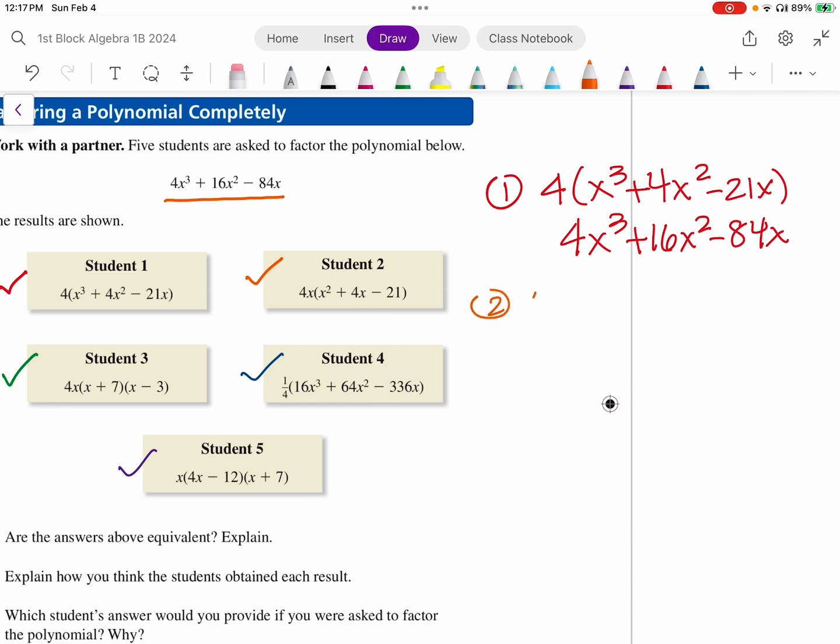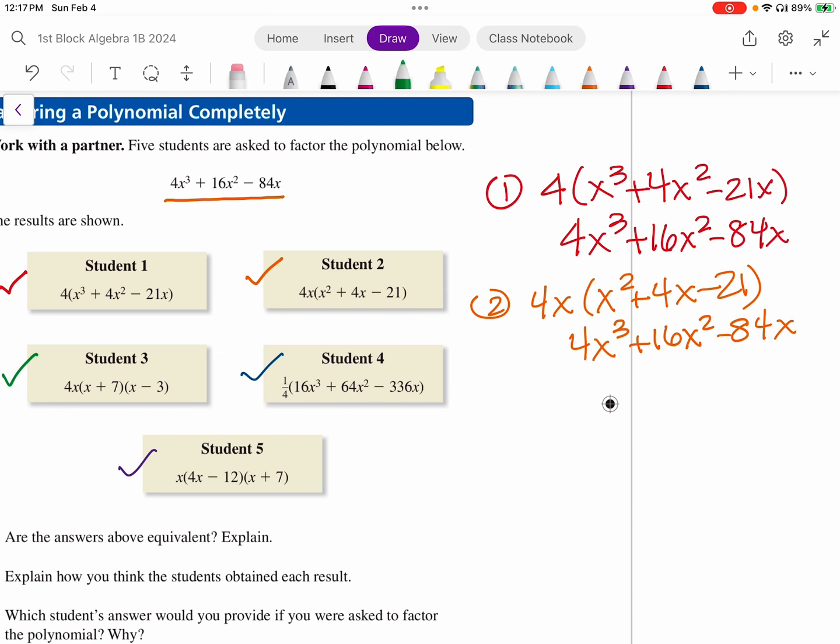Student 2, 4x times x squared plus 4x minus 21. 4x times x squared is 4x to the third. 4x times 4x is 16x squared. 4x times negative 21 is negative 84x.